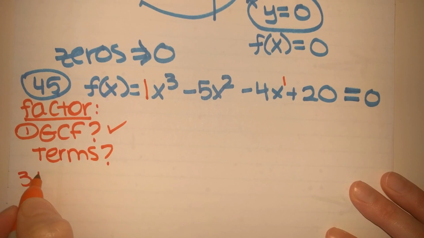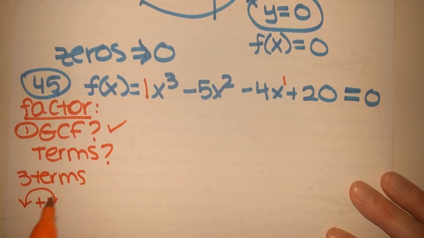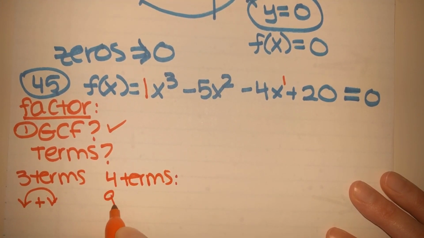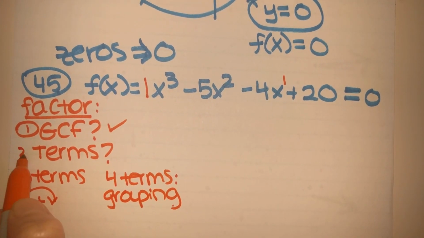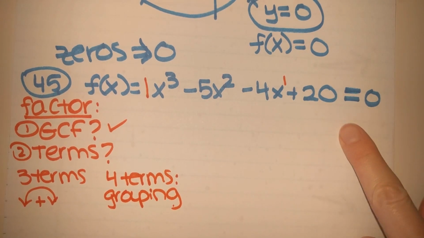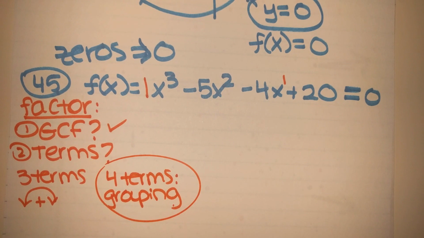When we have 3 terms, what we usually try to do is the first times the last, sum up to the middle. And when we have 4 terms, we usually go through our grouping method. I don't have a GCF, so I look at how many terms I have, and I have 1, 2, 3, 4 terms. Because I have 4 terms, I'm going to try to go through grouping.